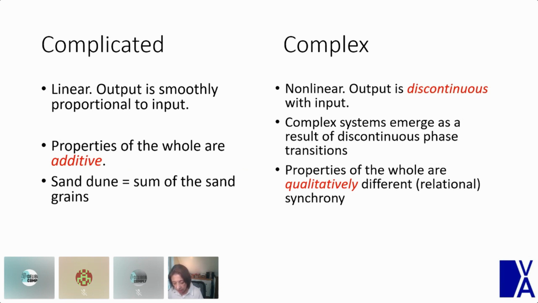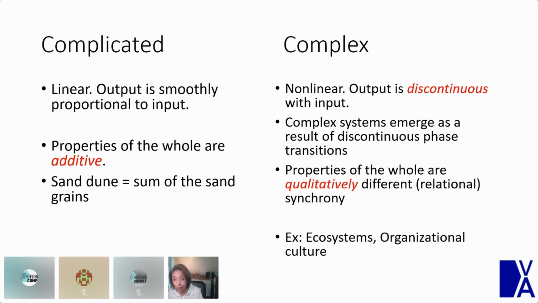Synchronized marching by soldiers on a bridge can collapse the bridge. Synchronized stomping in a stadium can collapse the stadium. Oscillatory behavior can become a predator-prey dynamic. And that's because there are interactions between the, in this case, components.